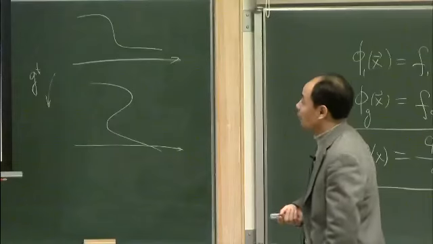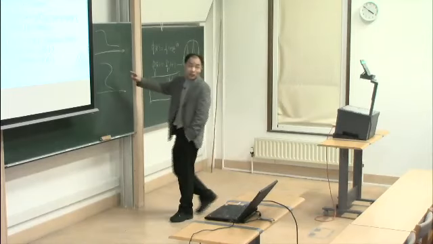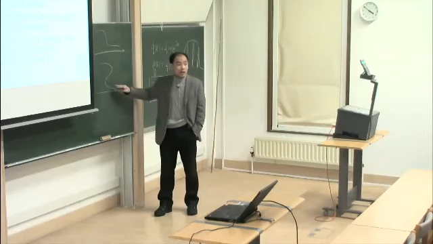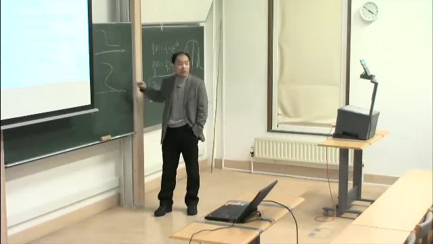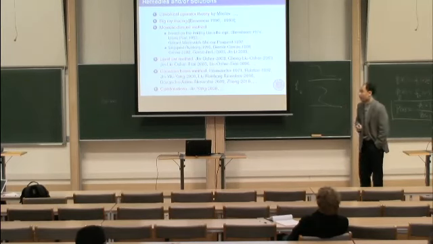Maslov's idea, the canonical operator theory, is doing this because he realized why caustics happen: because you insist on projecting the phase curve, the Lagrangian manifold, onto the coordinates, the real space, using the coordinate representation of the wave function.